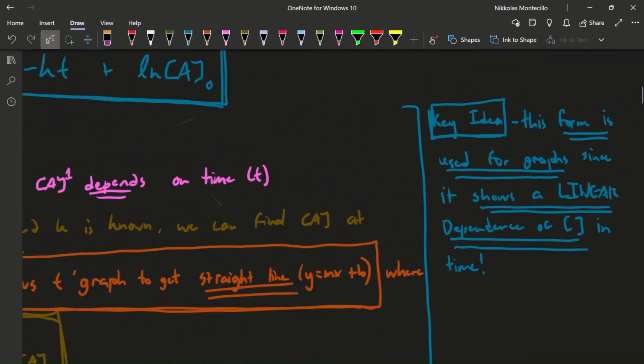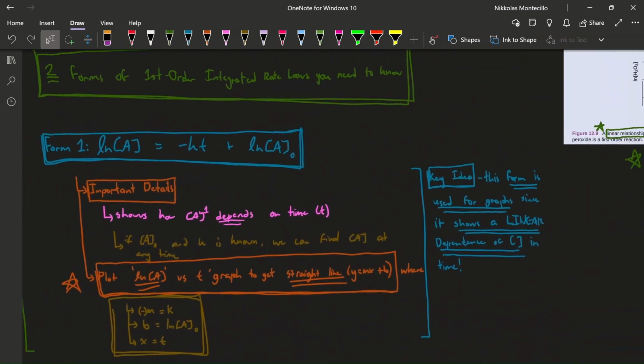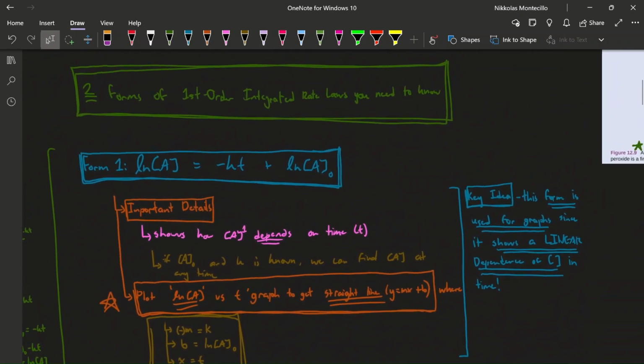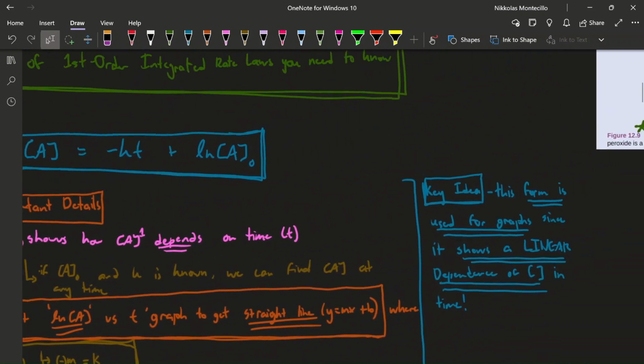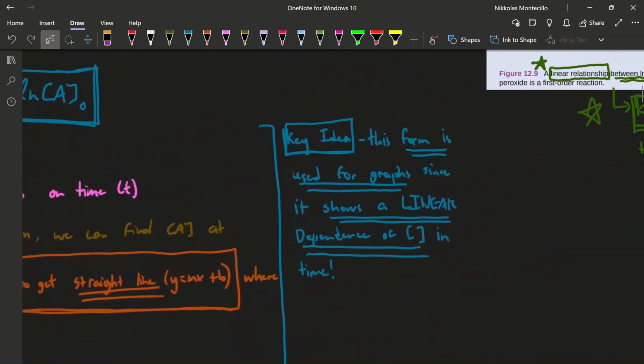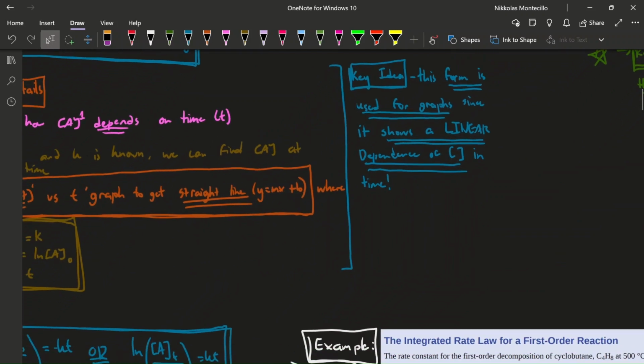Okay, so just remember that the key idea behind this form of the first order integrated rate law is that it is used for graphs since it shows a linear dependence of concentration on time.